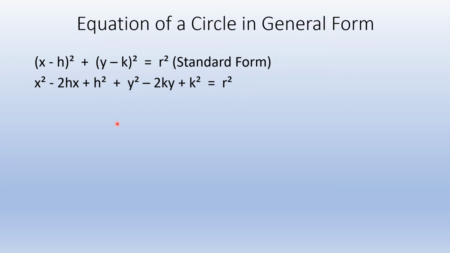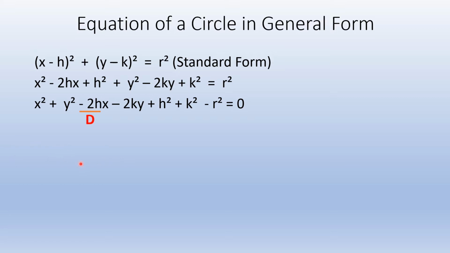So let us equate this to 0. So x squared plus y squared, inayos lang natin, minus 2hx minus 2ky, plus h squared plus k squared minus r squared equals 0. So, in-equate natin siya sa 0, nalipat yung r squared sa left side. Okay.